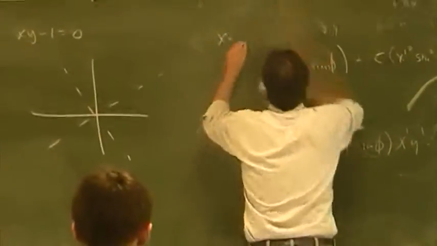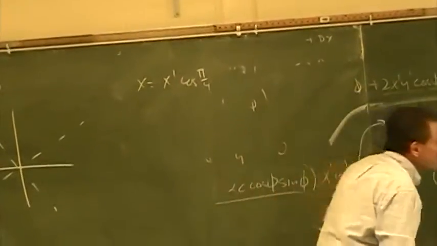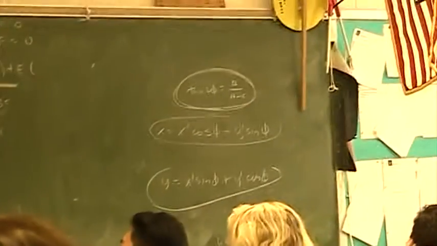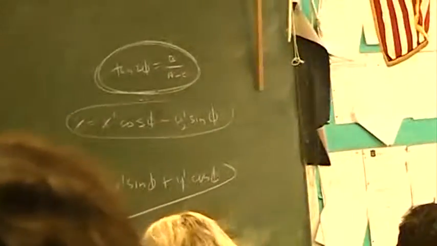x equals x prime cosine pi over 4 minus y prime sine pi over 4. y equals x prime sine pi over 4 plus y prime cosine pi over 4. Yeah?